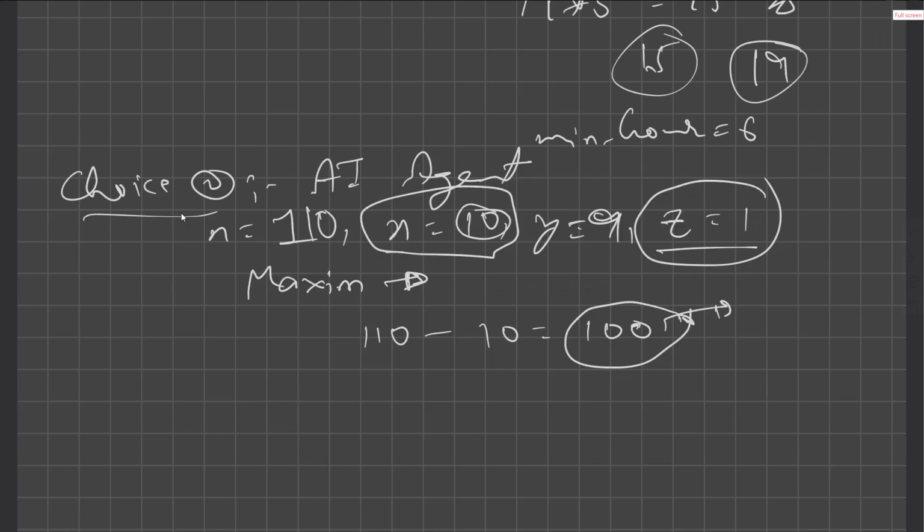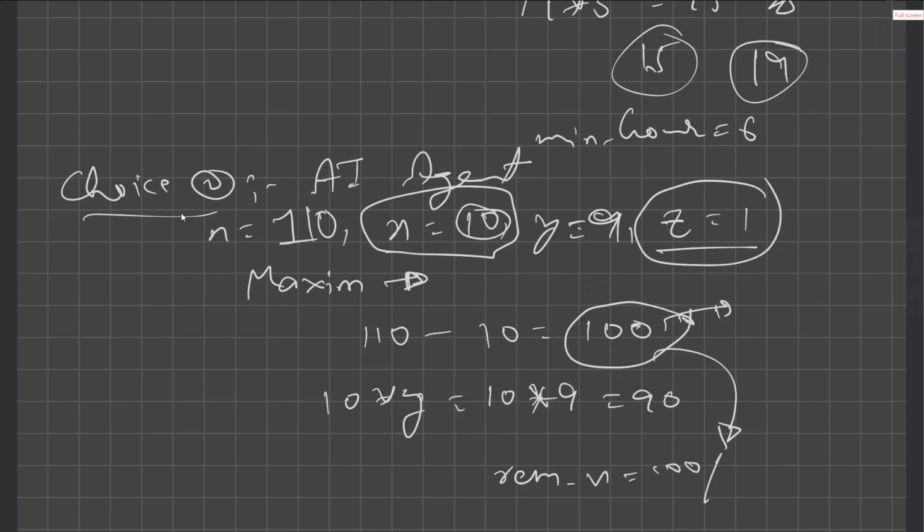Now both are ready, Maxim and Nikita. See, now the speed of Nikita is 10x, which is 10 times y, which is 90, and Maxim's speed is 10. So both will be writing together, right? They have to write 100 lines of code now, which is the remaining n, which is 100, divided by the speed.